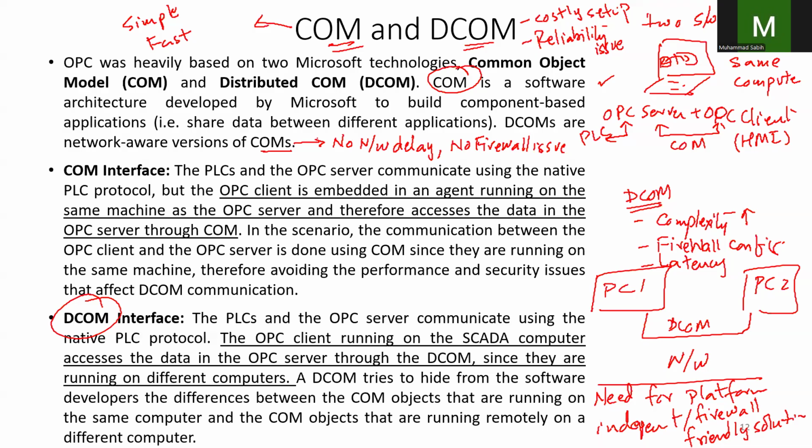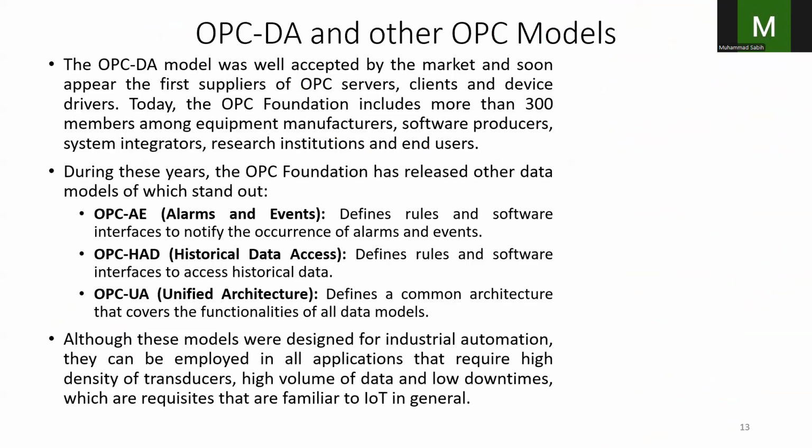So let's continue on the OPC DA. By now, we have seen how the OPC DA laid the foundation for interoperability in industrial automation. It became popular quickly and was widely accepted by vendors, system integrators, and users.